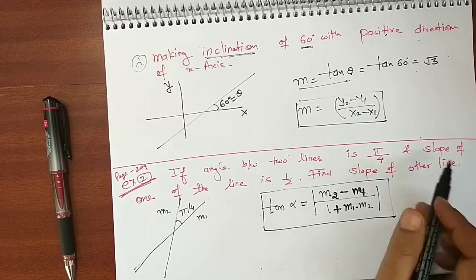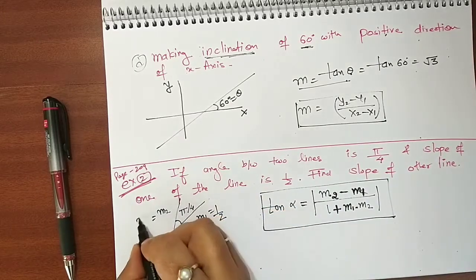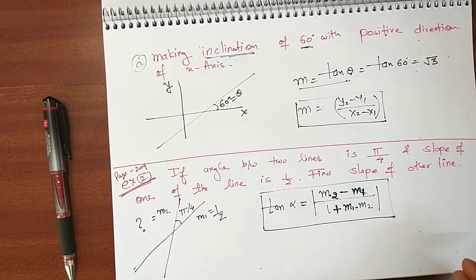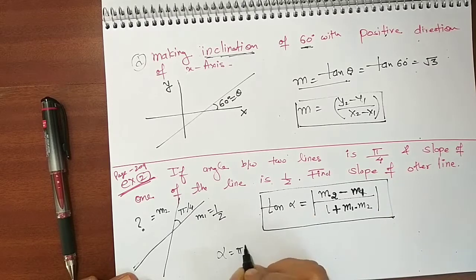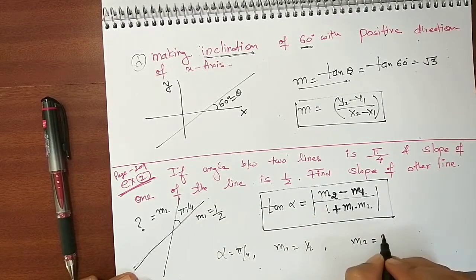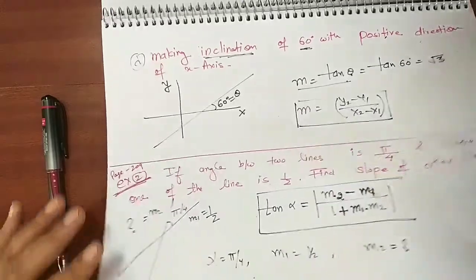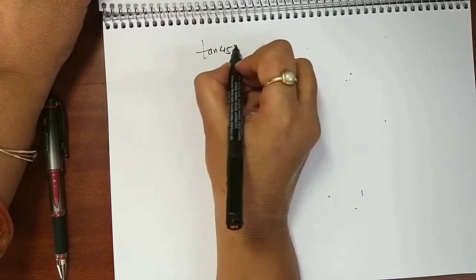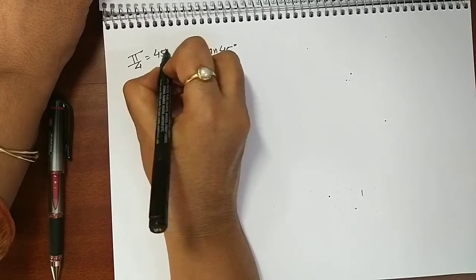So here m1 is given. See, the slope of one line is given, the other line is unknown. So m2 is unknown. Understood? See, alpha is given, m1 is given, only m2 is unknown. So how will we do it? I will fit the values and try to solve it. See here, I can write tan 45, which is pi by 4. See, pi by 4 is 45 degree.